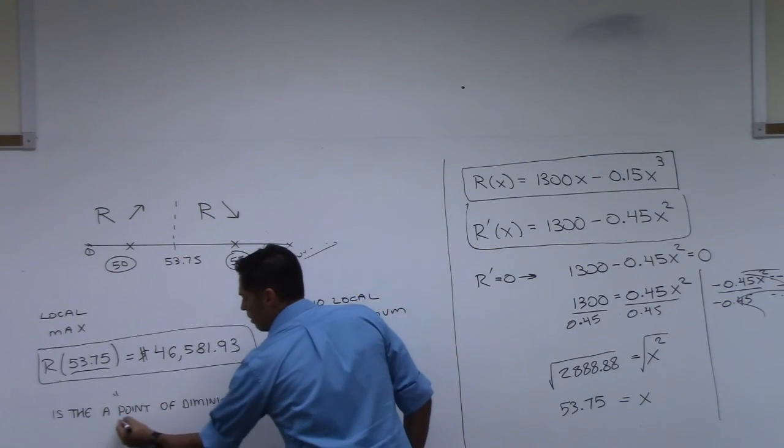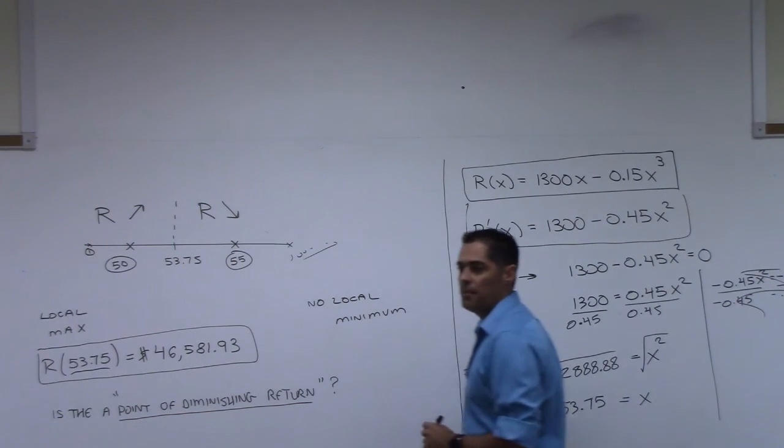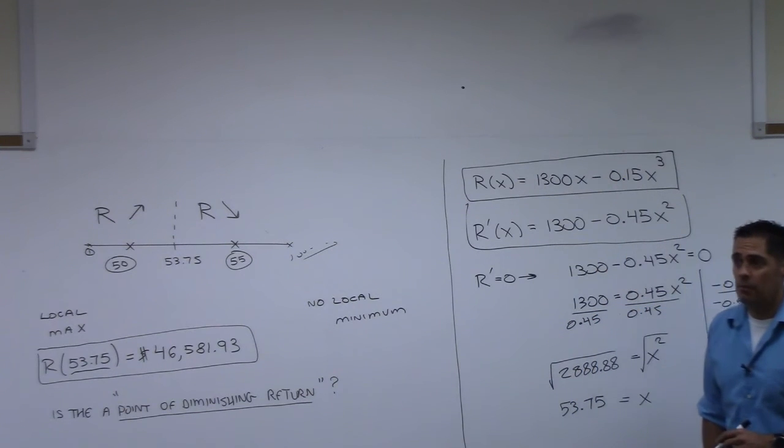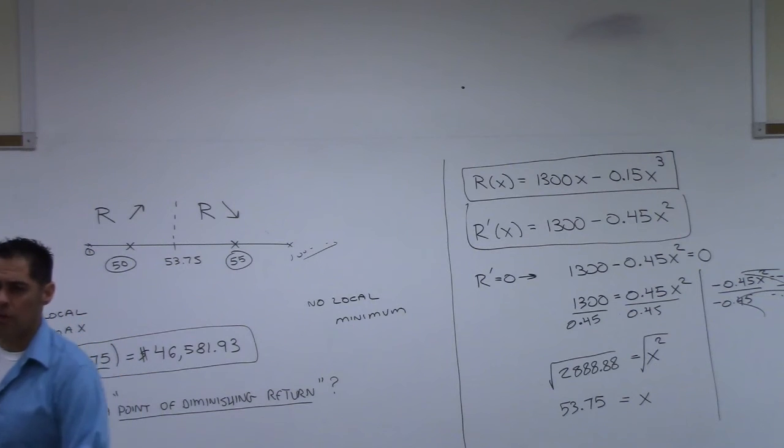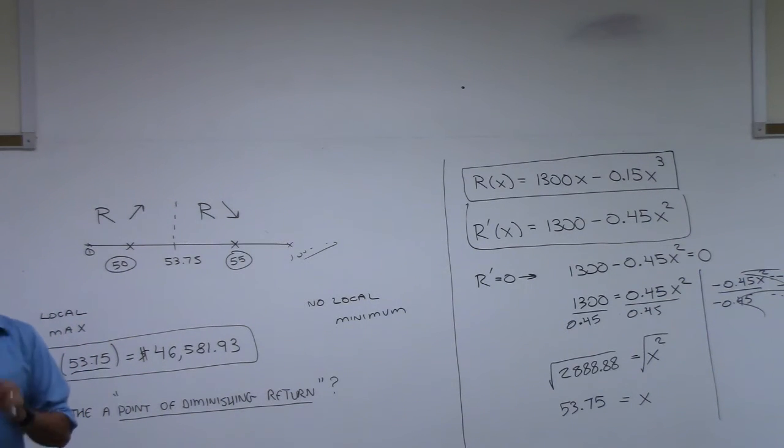The point of diminishing return was something I talked about at the end of class last time. Is it 53.75? What is the point of diminishing return? It has to do with the second derivative, not the first, okay?